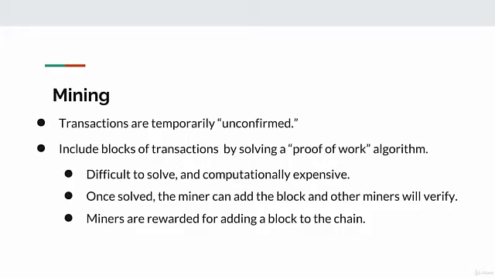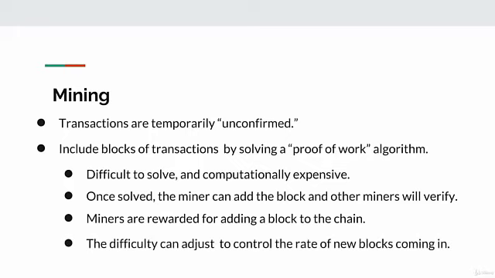Thus, miners are continually trying to mine new blocks in hopes of gaining this currency reward, which provides a system where transactions are added to the blockchain. This also gives the cryptocurrency control over the rate at which new blocks are added to the chain and how many transactions come in at once. By making this proof of work algorithm more difficult, they can slow down the capability of miners to add new blocks to the chain.